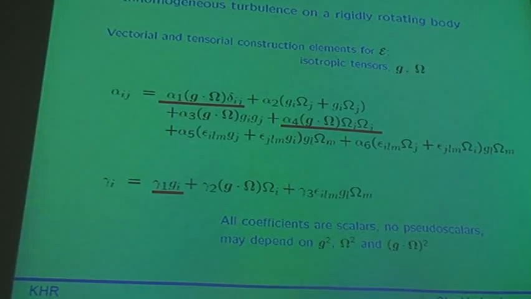On a rapidly rotating body, you have an anisotropic alpha tensor, which contains also this term, which is important for dynamo models. You rediscover here the gamma effect, but you have related quantities. Yeah, and so on.